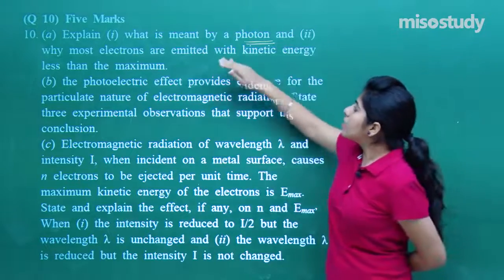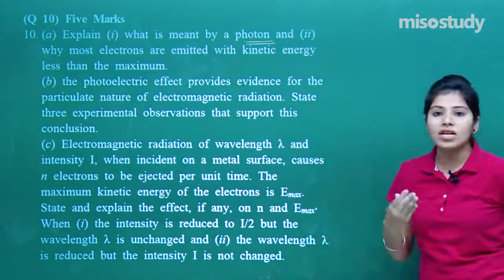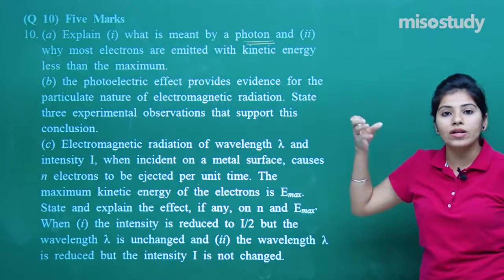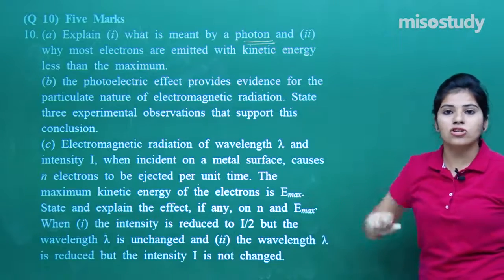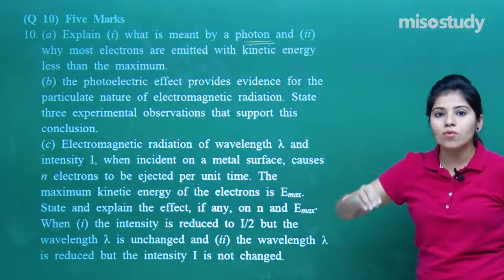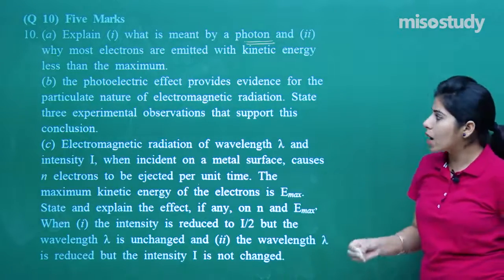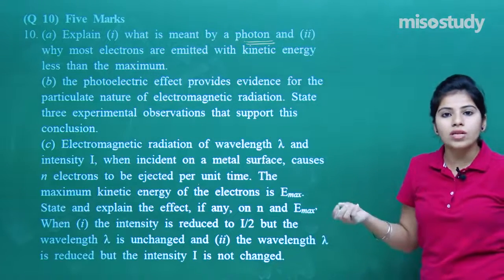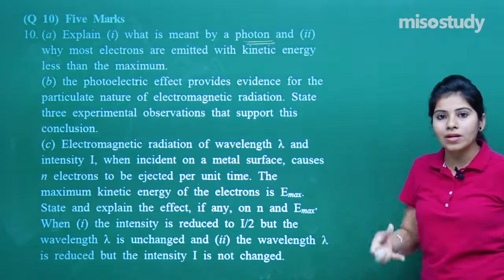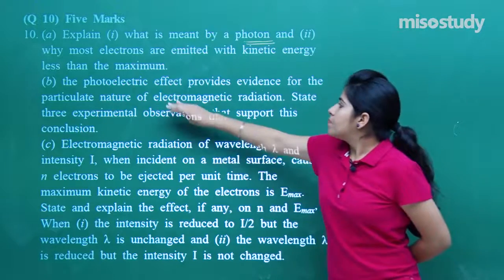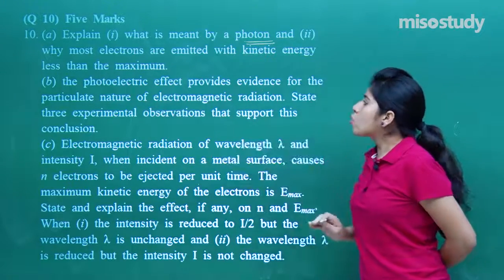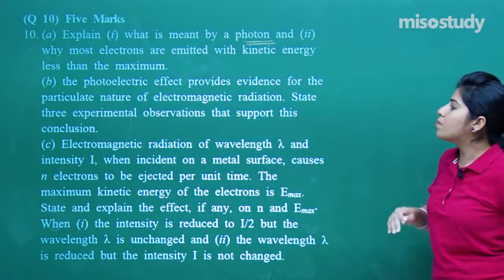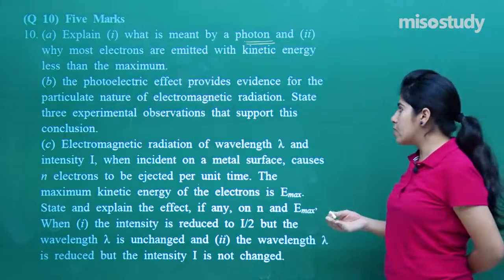So that is why the electrons are not emitted with the kinetic energy provided by the radiation. That is why they come out with lesser kinetic energy. Why? Because part of the energy is used to overcome the force that is applied inside the metal. B part. The photoelectric effect provides evidence for the particulate nature of electromagnetic radiation.